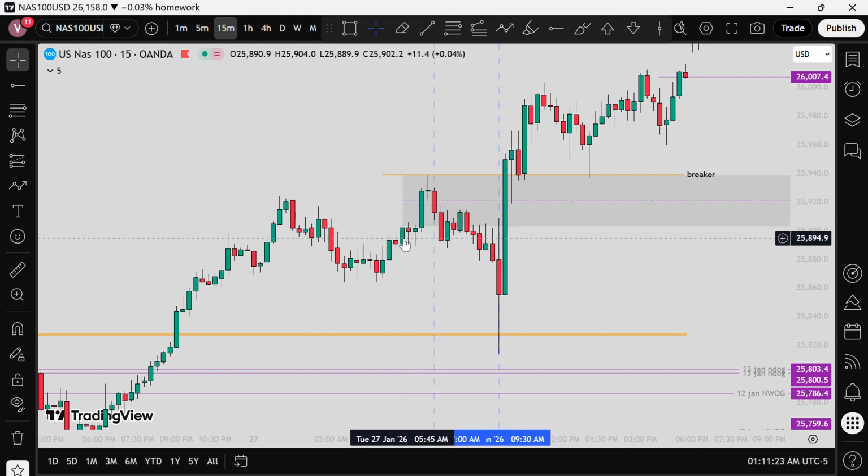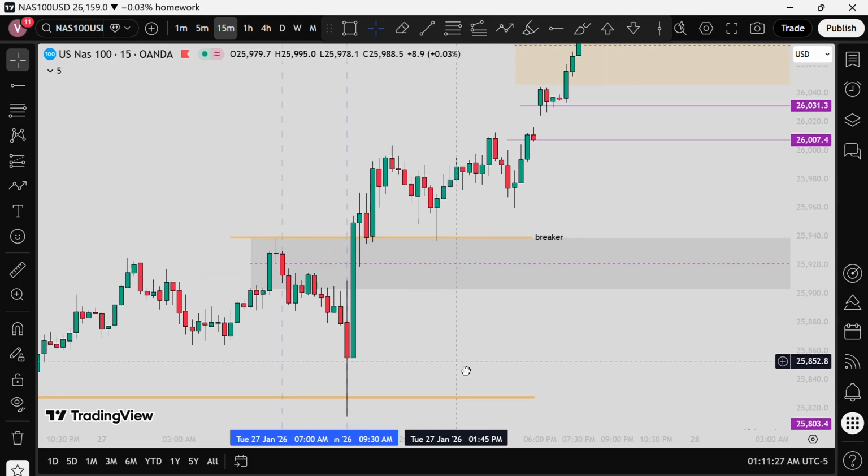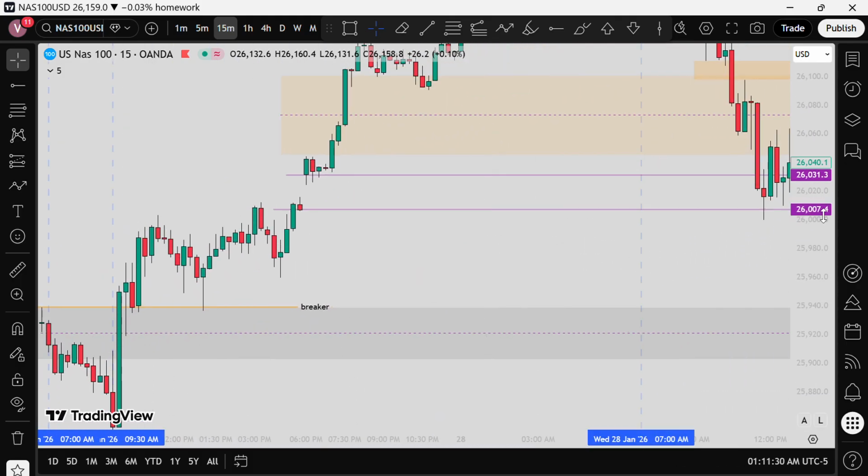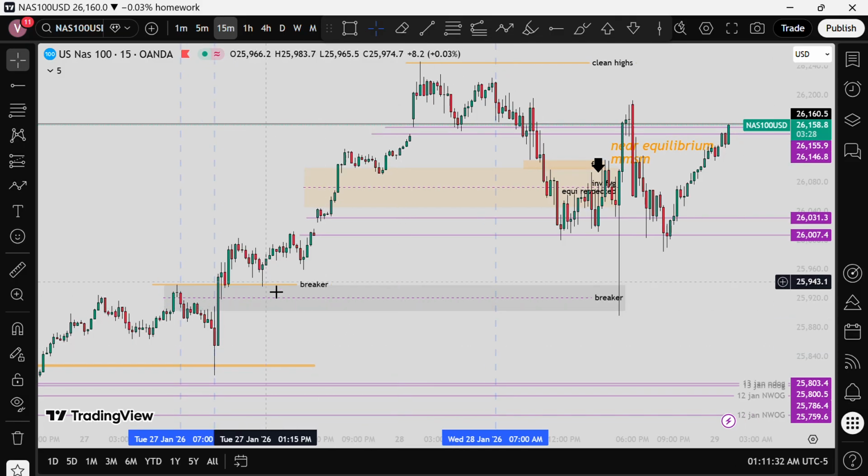Anything before this, we can consider it balanced, and as a result of that, we can also start our swing range from the breaker block itself.